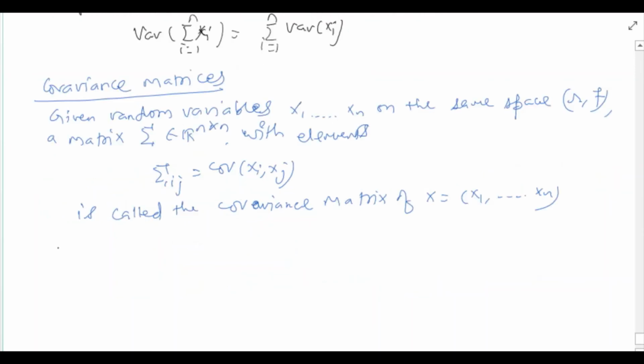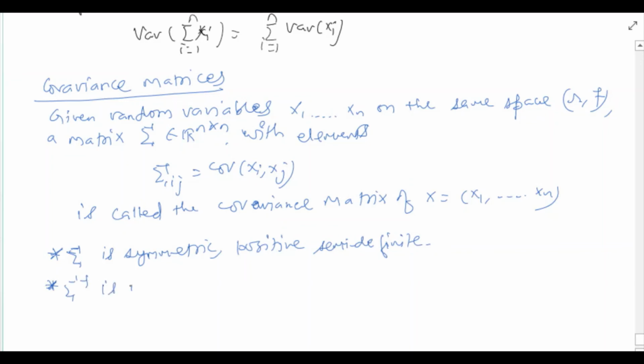Okay, let us see a few facts about covariance matrices. The first fact is covariance matrix sigma is a symmetric positive semi-definite matrix. Next, the inverse of covariance matrix.